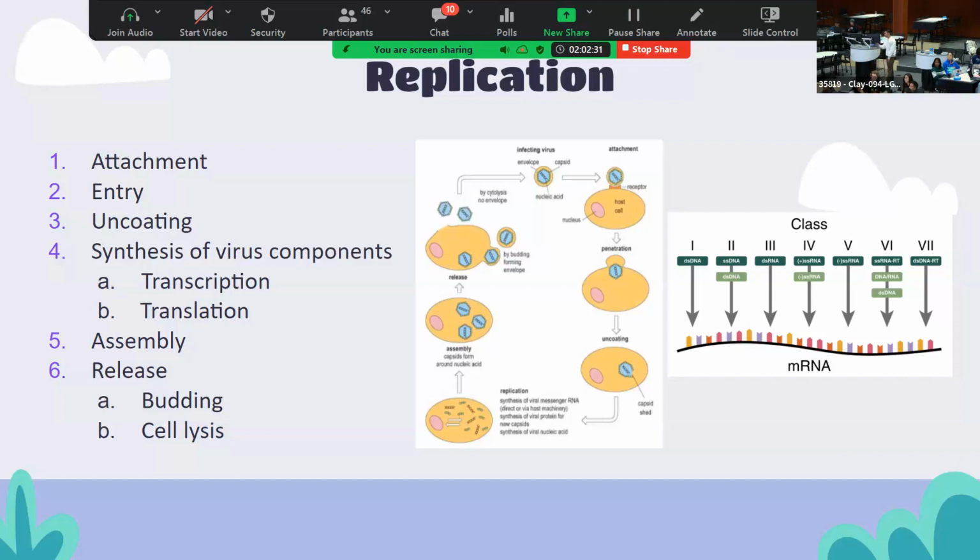Now, next semester, you will learn the different classes of viruses. They're based on the genetic material inside them, and that affects how they replicate. But the general gist is no matter what type of genetic material is in that nucleocapsid, they eventually want to get to mRNA because from there you can go pretty much anywhere.